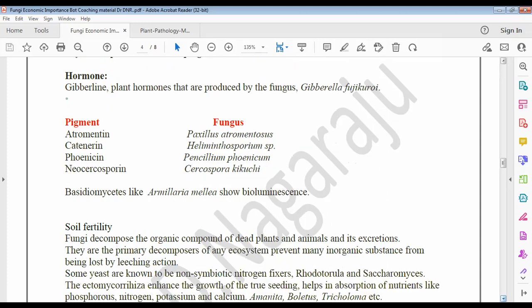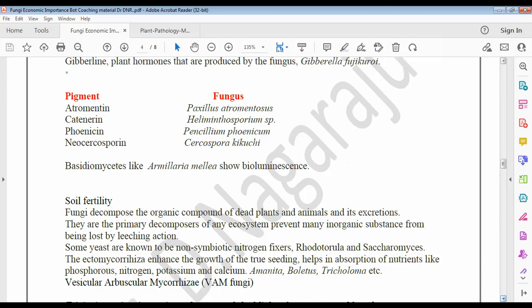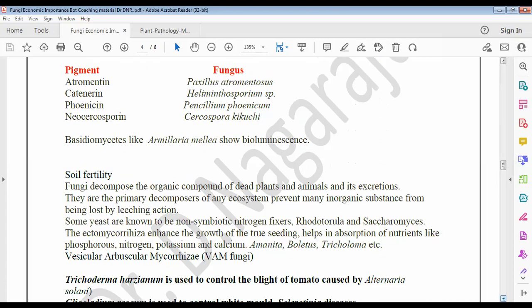And you know the many pigments, mostly chitin, that means a chitin-rich source, the fungi that we use in the pigmentations. You know, I already told you, Armillaria mellea, bioluminescence. For what purpose did I tell you? What is the importance? Armillaria mellea, I already told you.